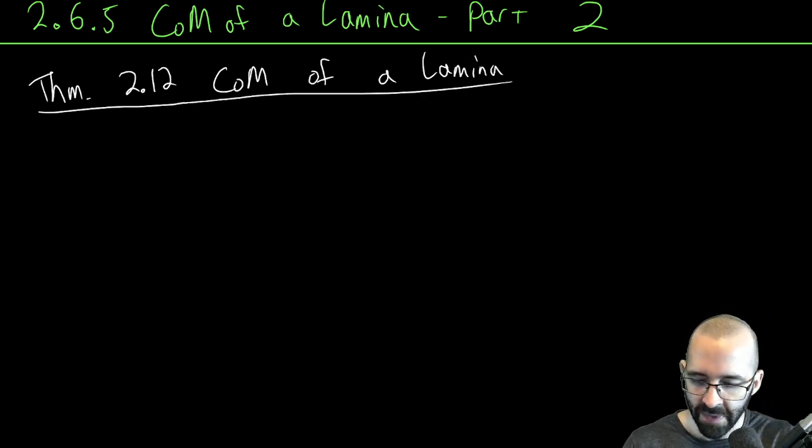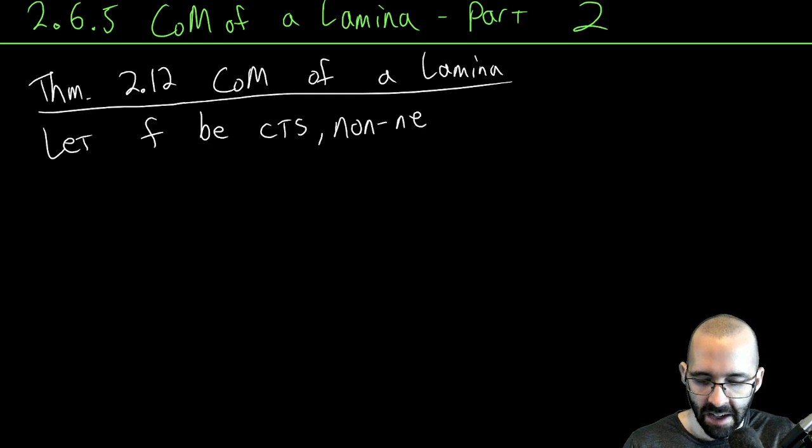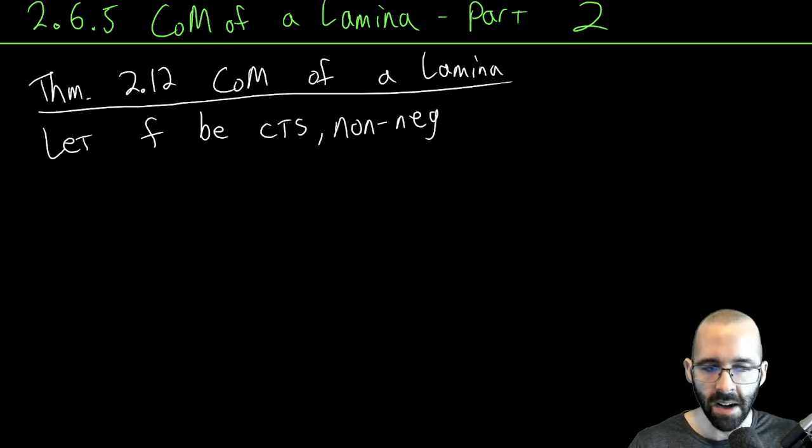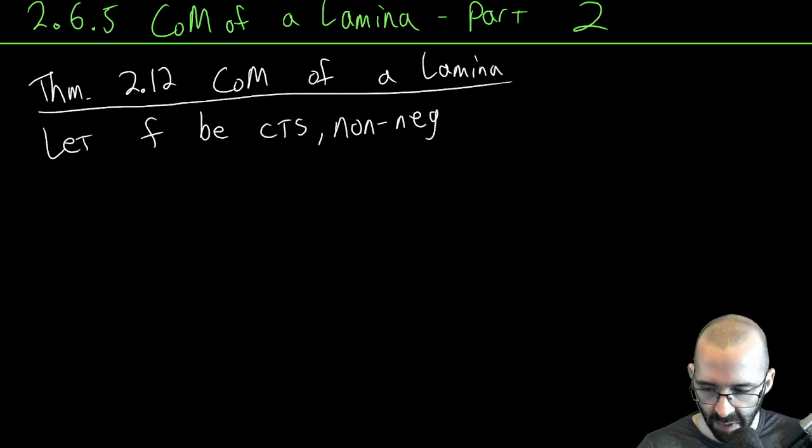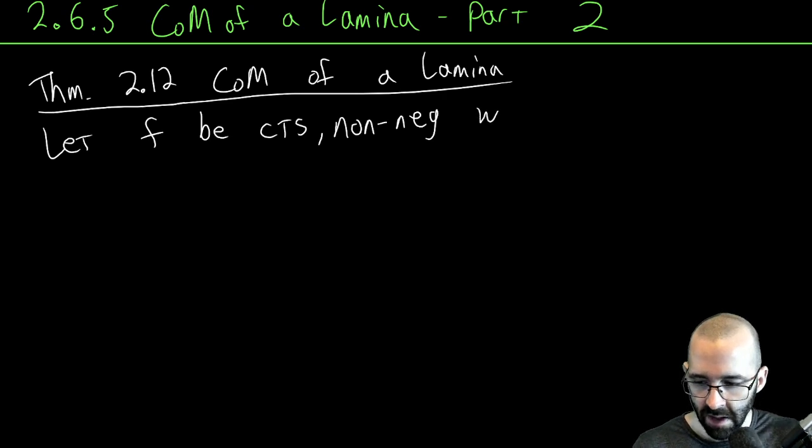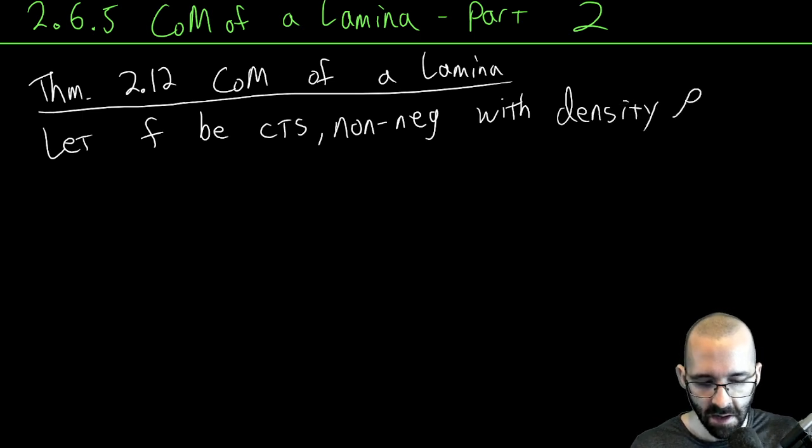Okay, so let f be continuous and non-negative. Again, if it is negative, that's fine. We just break it up into the positive and negative portions and work with it from there. With density rho.